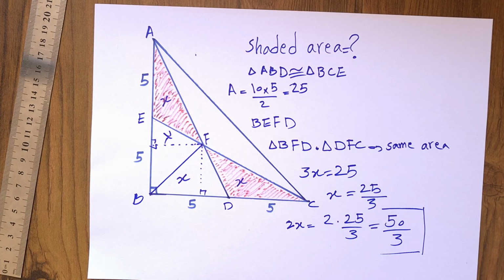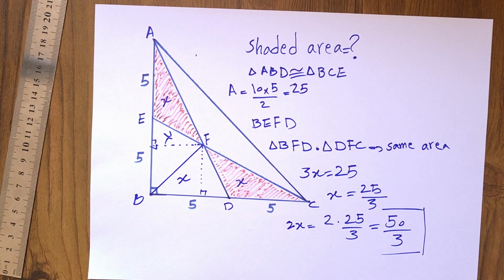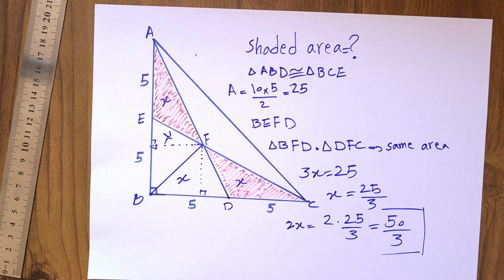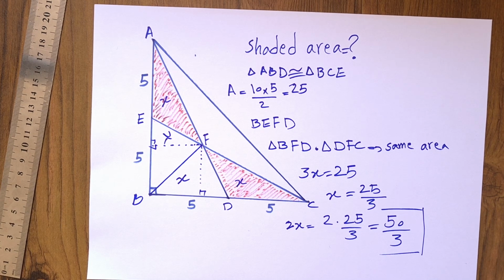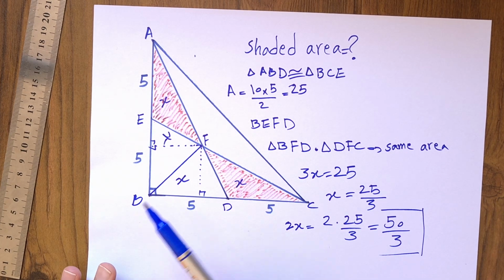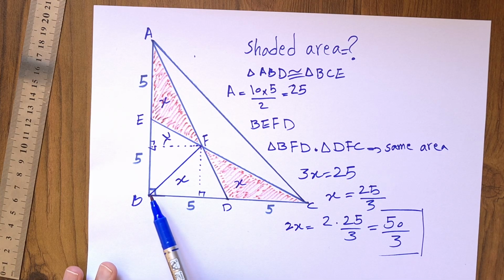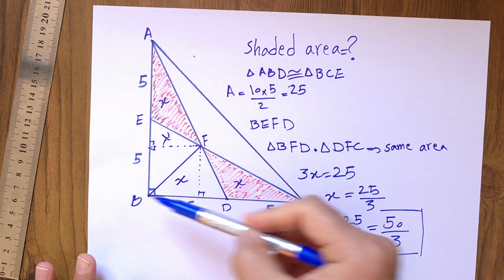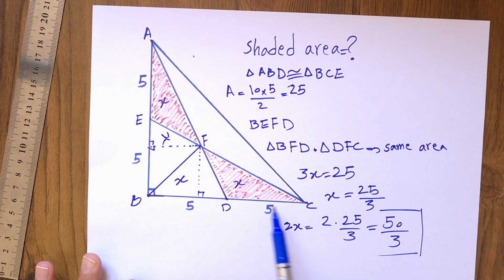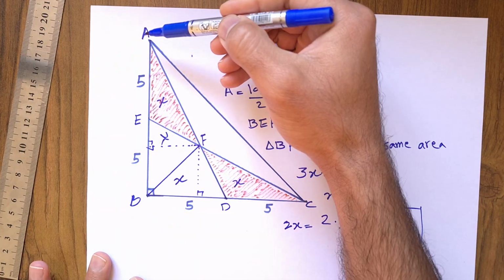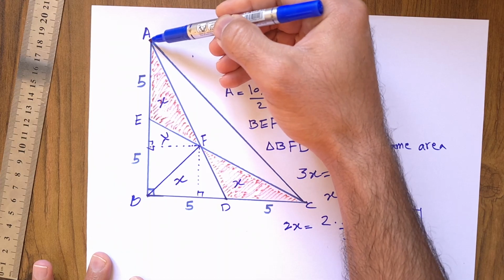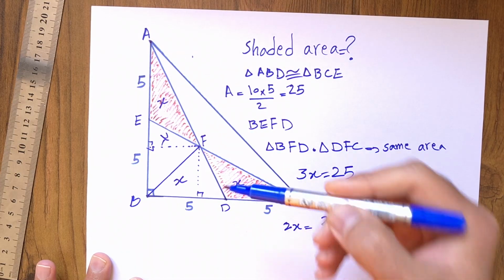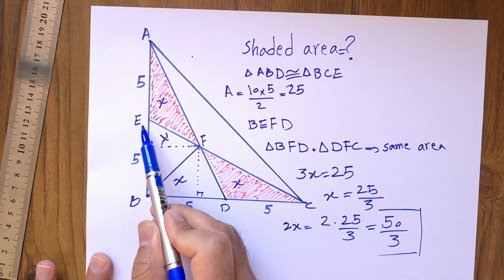But I have a challenge for you. The bonus challenge is I want you to solve this puzzle using analytic geometry. By analytic geometry, I mean find the coordinates of these points, and because we have the lengths 5, 5, 5, 5, you can write down the equation for the line AD and the equation for the line CE as well.